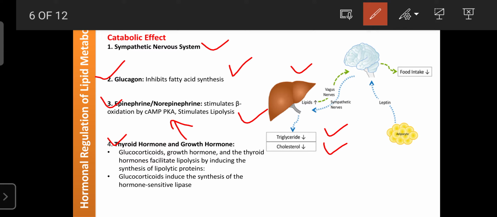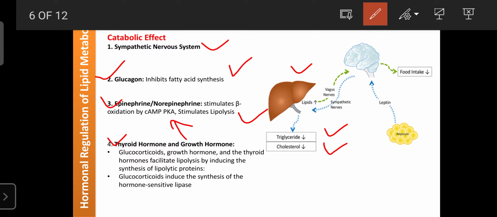So these hormones decrease lipid synthesis by enhancing beta oxidation through cyclic AMP dependent protein kinase, as well as by enhancing lipolysis.